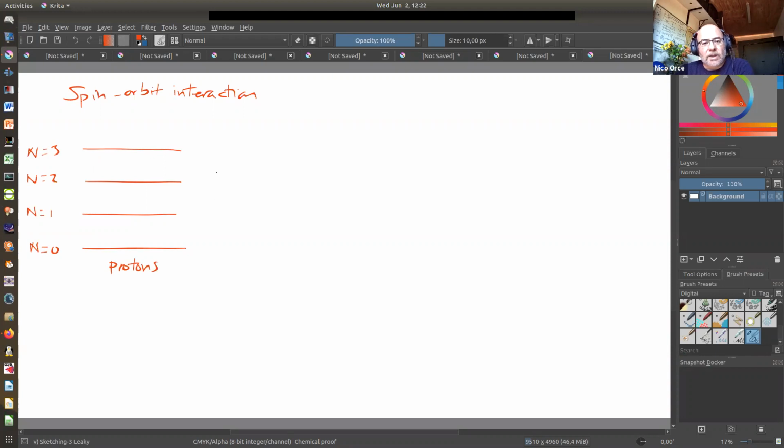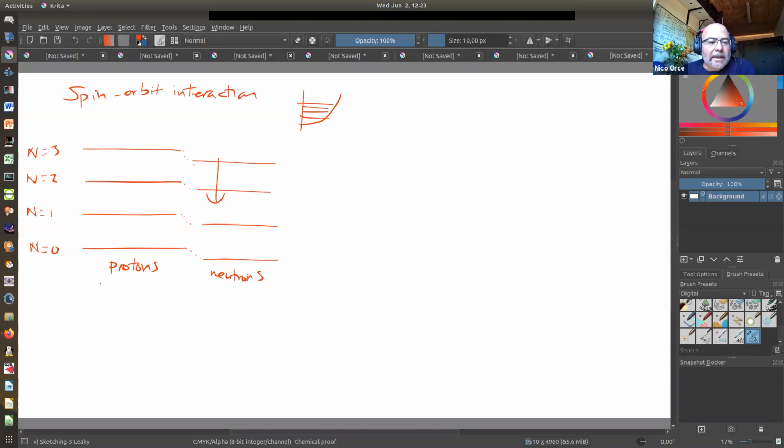Remember that this is all in a potential. For neutrons the building looks very similar, but because of the Coulomb repulsion the protons will be less bound than the neutrons, so one is a little bit deeper than the other.